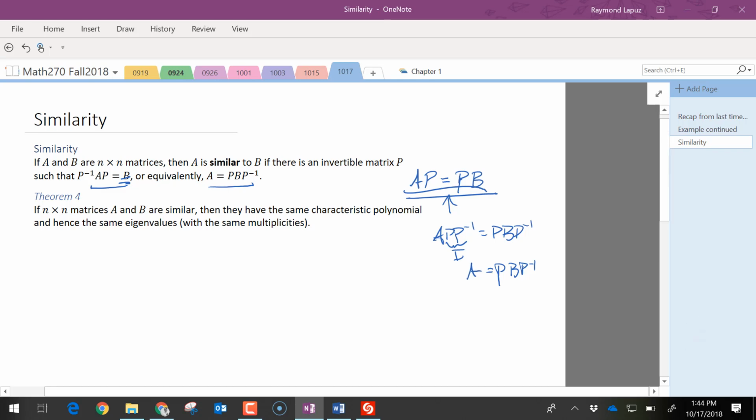You can put the inverse first, or you can put it on the left side of B, or on the right side of B, because if it's invertible, if Q is equal to P inverse, for example, then you have A equals Q inverse B Q, and so it's also going to satisfy the definition.